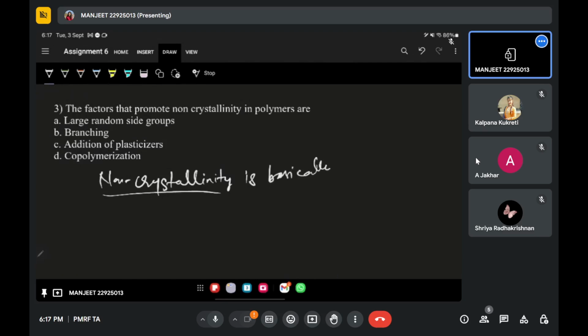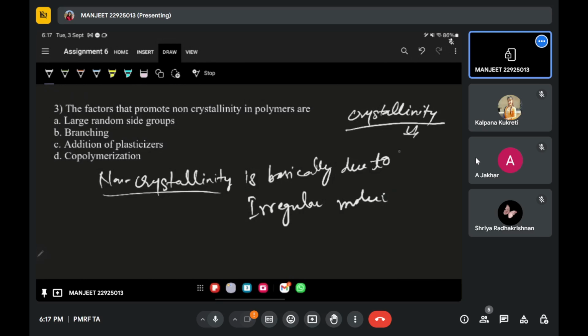is basically, or it can be, I mean it's not necessary, due to one of these factors. Maybe they are having an irregular molecular structure, because in crystallinity we have a regular pattern or regular arrangement of the atoms, but in non-crystallinity it is a random arrangement of the pattern.